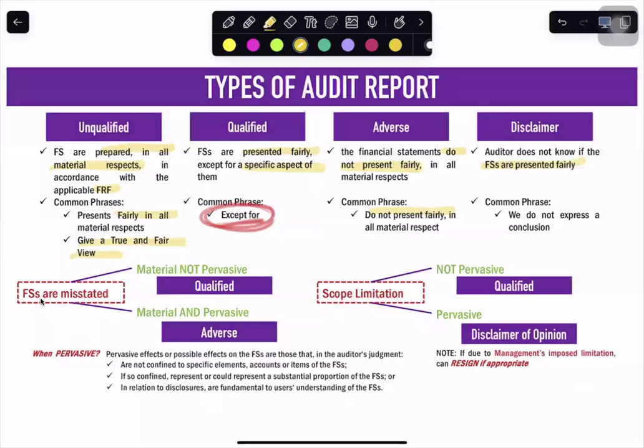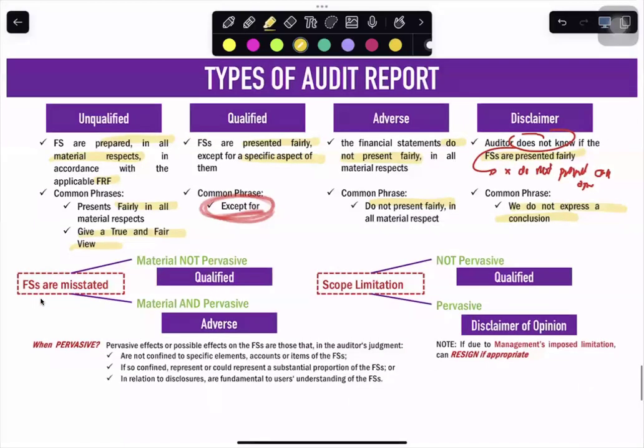So in short, there is not enough evidence or there is a scope limitation. Therefore, you cannot provide an opinion. So you do not know. Since you do not know, you do not provide an opinion. So we do not express an opinion or a conclusion.